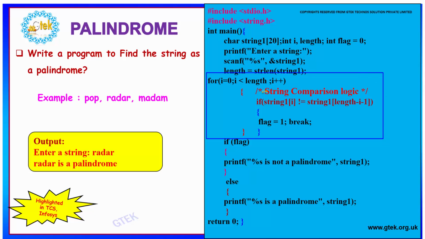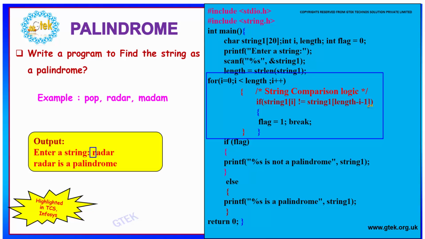This works as follows. If my I value is initiated to 0, then the condition is if string1 of I, that is string1 of 0, is not equal to string1 of length minus I minus 1.